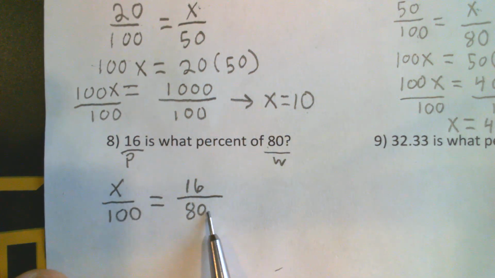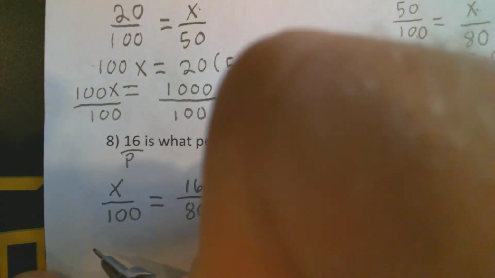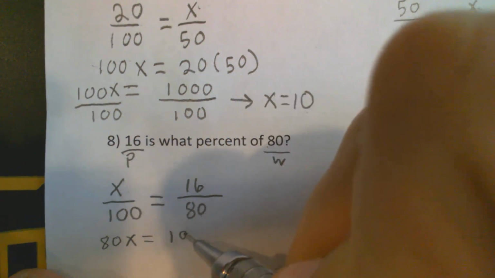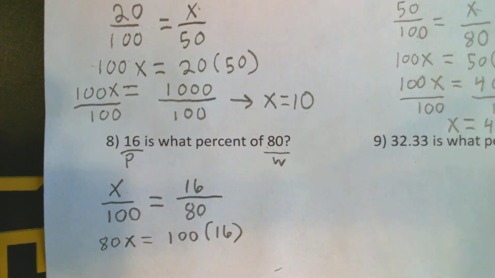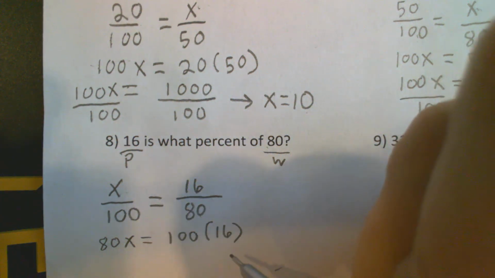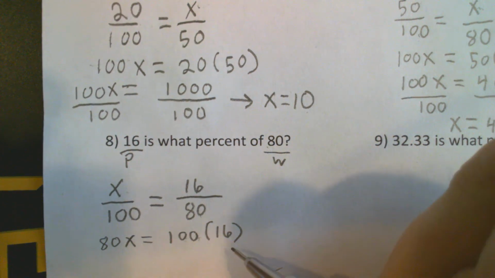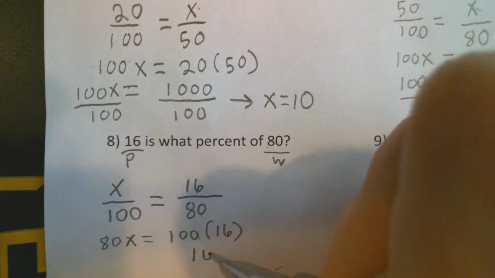Now, I still want x on the left, so I'm going to do x times 80 first. We're multiplying by 100, so we move the 2 decimal places. That'll give us 1,600.